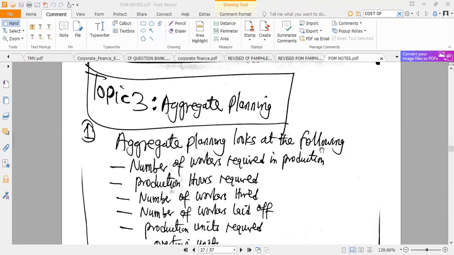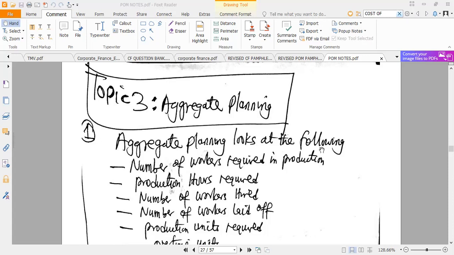It also looks at how many workers you will need in production, the labor hours required, and the number of workers required. It also looks at the production units required. This is what aggregate planning is all about.